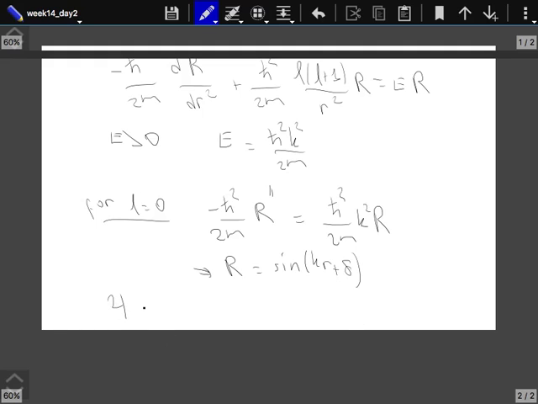But remember, our wave function is u over r. So if this is to be normalizable, this tells me that this function has to be 0 at r equal to 0.